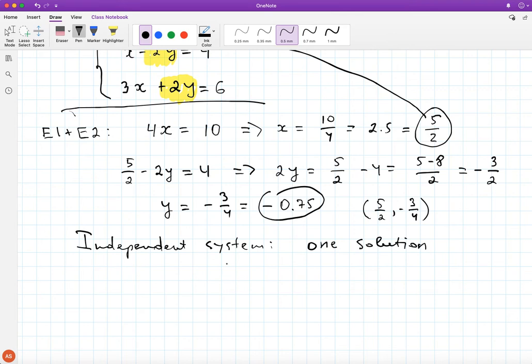So if we're looking at a 2x2 system, a system of two linear equations with two unknowns, basically we're looking at two lines, and we want to know what are the possible cases in regards to common points. How many points can two lines have in common? And the case that we've just considered is when the two lines meet at a single point, and that gives us one solution to the system of linear equations, an independent system.